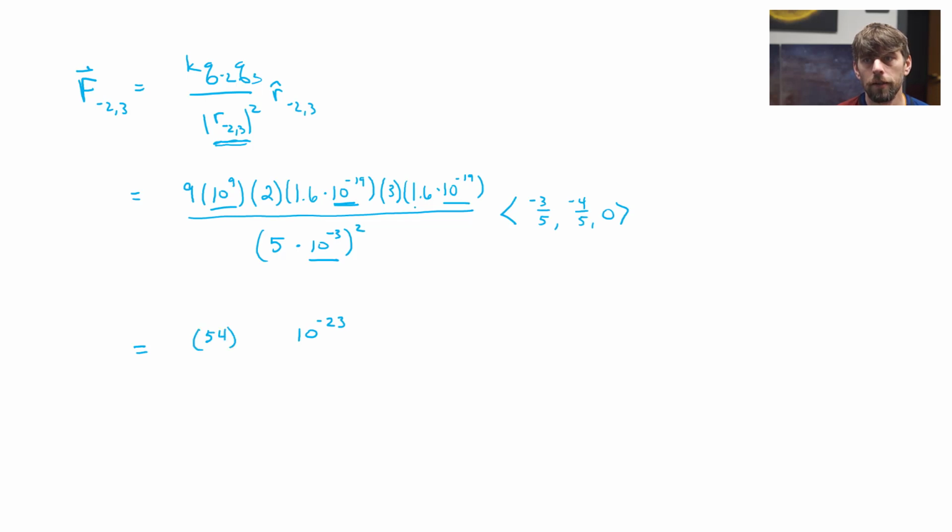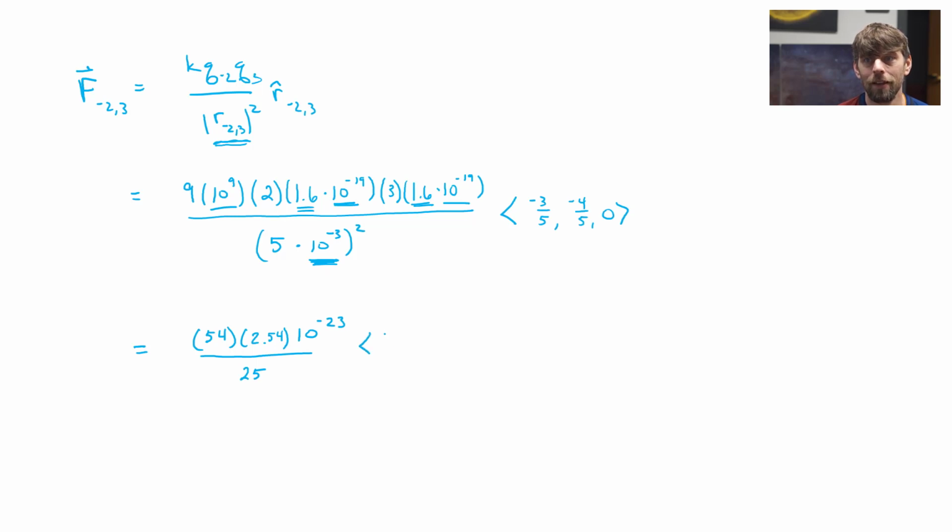And we have a 1.6 and a 1.6, so that is 2.54. And lastly, we have the 5 squared in the denominator, so we have 25, bearing in mind we already did the unit conversion.